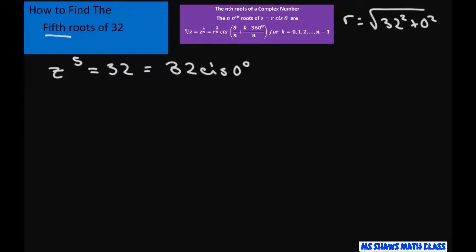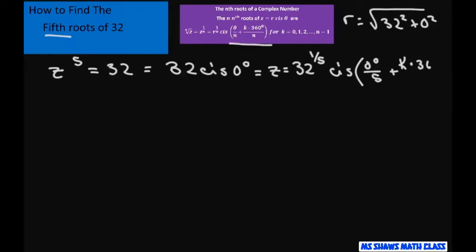So now we can write this as z equals 32 to the 1/5 cis, and we're using our formula here, 0 degrees divided by 5 plus k times 360 degrees divided by 5. Now this simplifies to 2 cis of 0 degrees plus k times 72 degrees.